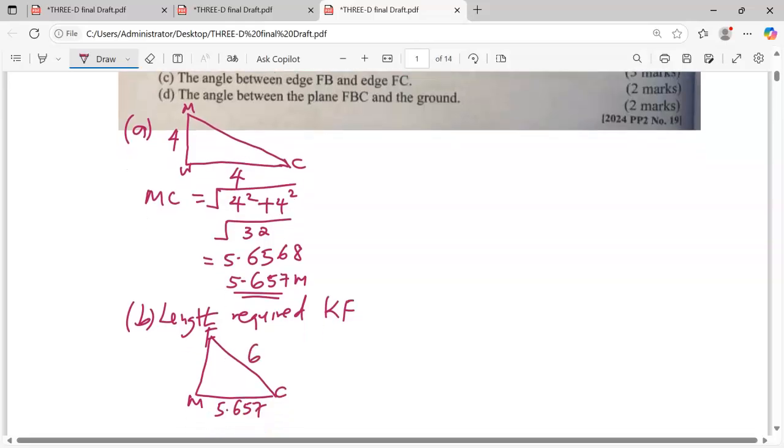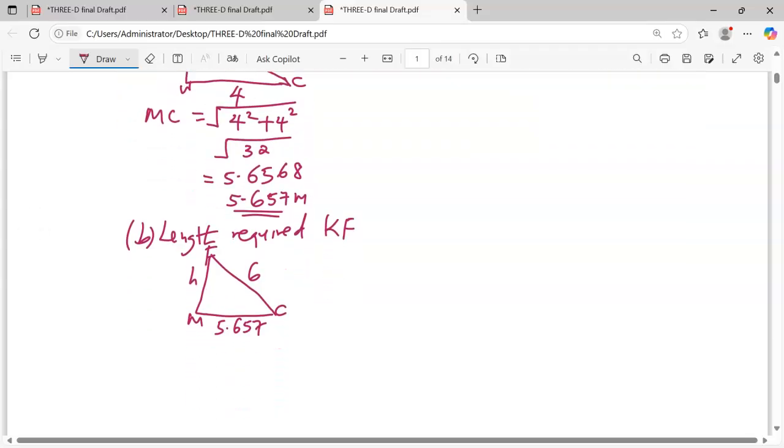And therefore now to get this height, we are going to use Pythagoras theorem, where H will be equal to the square root of 6 squared minus 5.657 squared, and this one is going to be equivalent to 1.9995, which is approximately 2.0 meters.